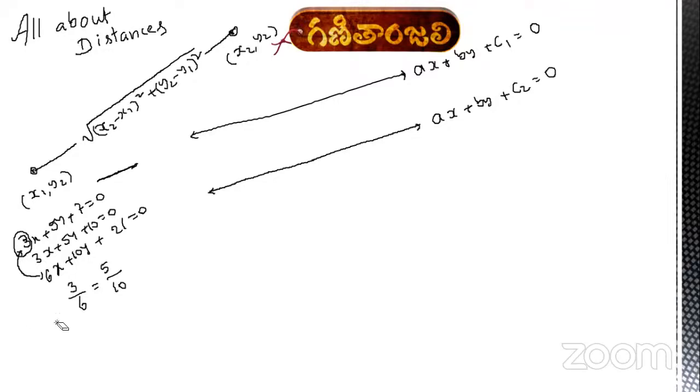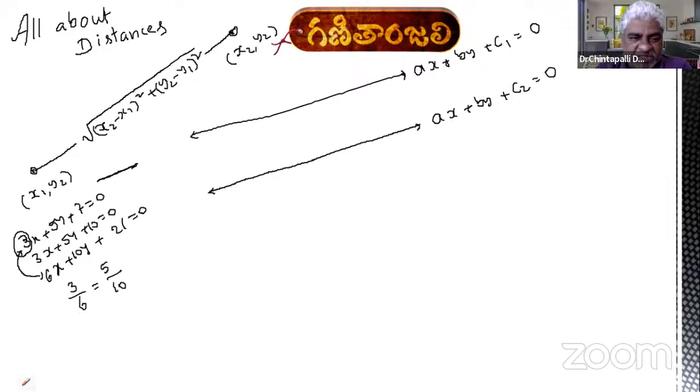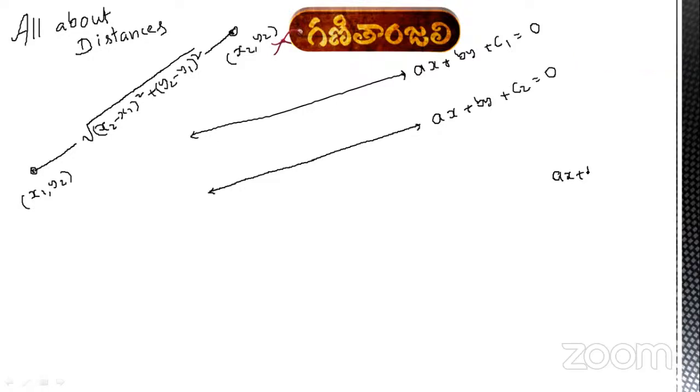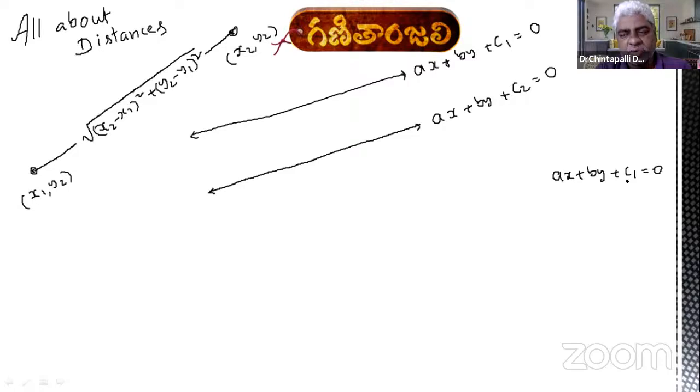So the condition for parallels is this. The condition for parallels is: a1x plus b1y plus c1 is equal to 0, and a2x plus b2y plus c2 is equal to 0 are parallel.